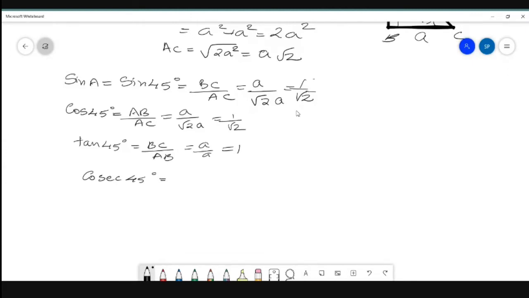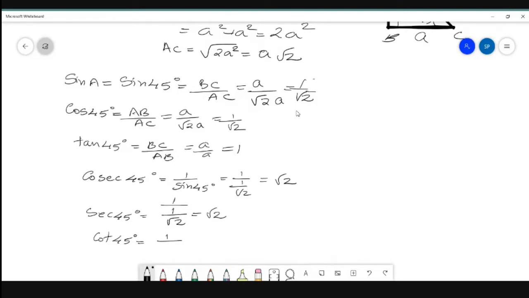Cosec 45 is the reciprocal of sine 45, that is 1 by 1 by root 2, that is equal to root 2. And sec 45 is again 1 by cos 45, 1 by 1 by root 2, that is also root 2. Now cot 45 is 1 by tan 45 is 1, that is cot 45 equal to 1.